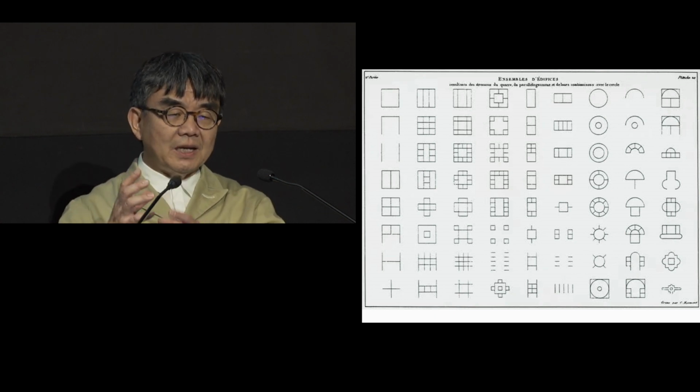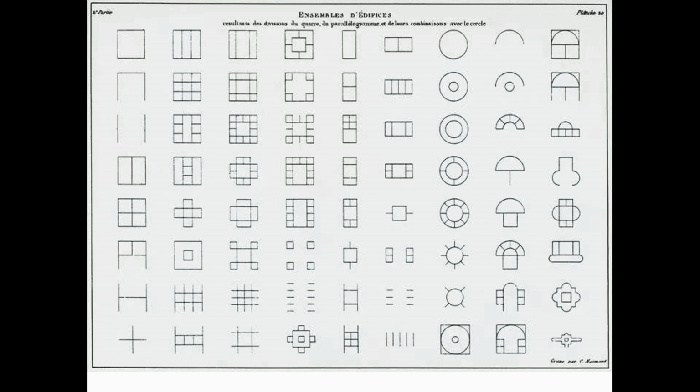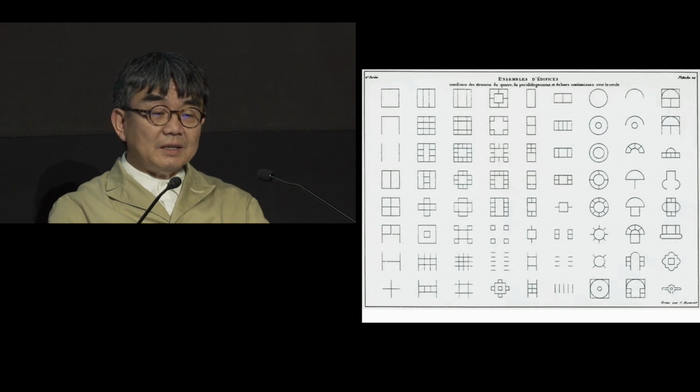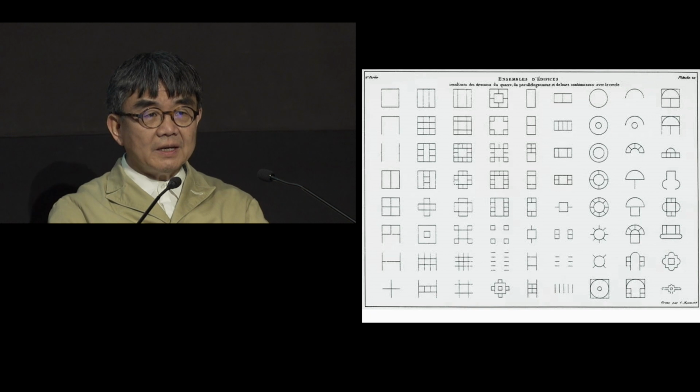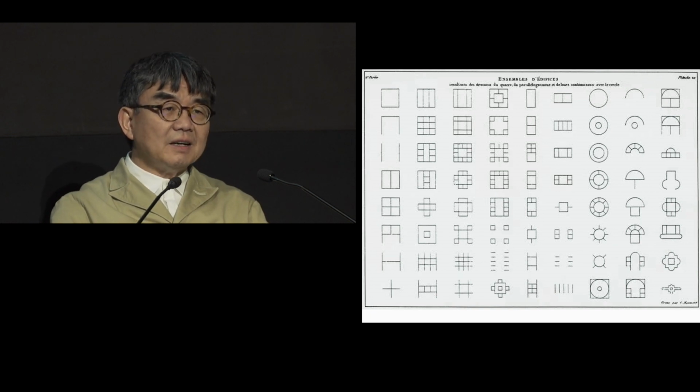So that plan, here in the left column, the fifth one from the top, is sitting there, waiting maybe for an architect to use it. In other words, an architect doesn't really have to reinvent the wheel, but rather select a partie. So that was the whole idea.